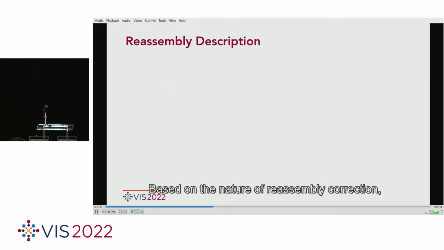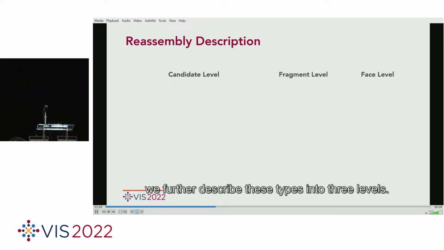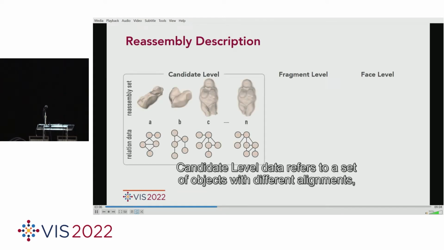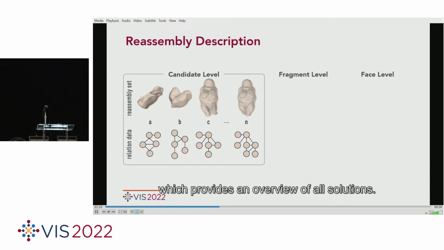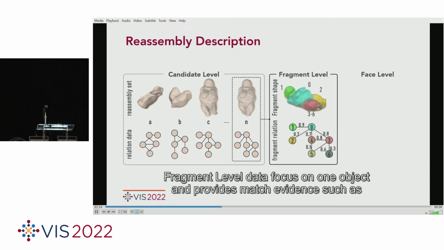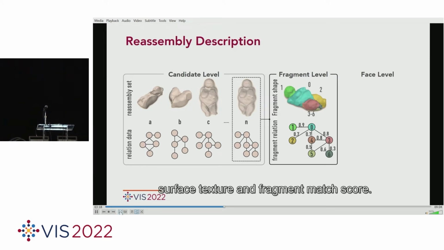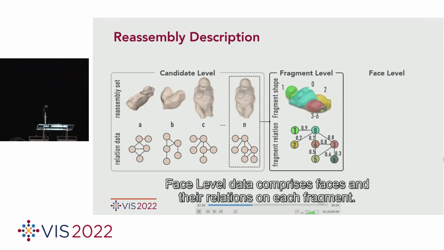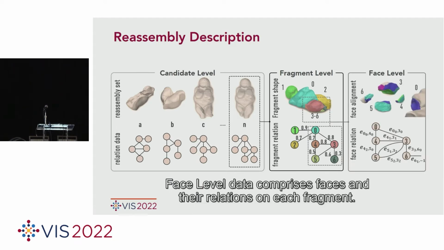Based on the nature of reassembly correction, we further describe these types into 3 levels. Candidate level data refers to a set of objects with different alignments, which provides an overview of all solutions. Fragment level data focus on one object and provide match evidence such as surface texture and fragment match score. Face level data comprise faces and their relations on each fragment.